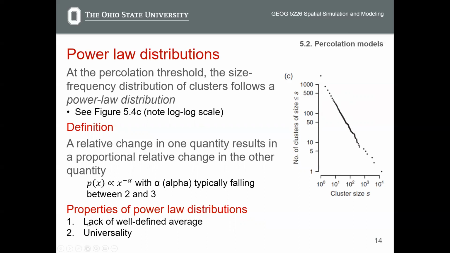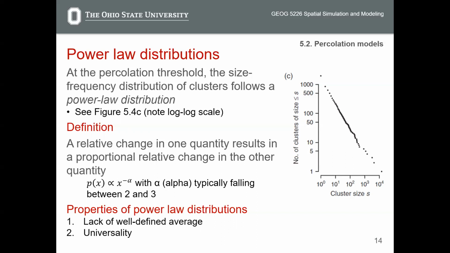The first one is that the data set lacks a well-defined average. What does it mean? So let's talk about the purpose of average. Average or mean is designed for what? To show the central tendency of a data set. Where is the center of the data set?